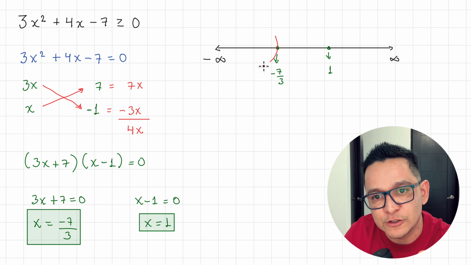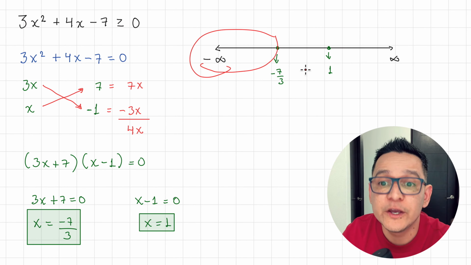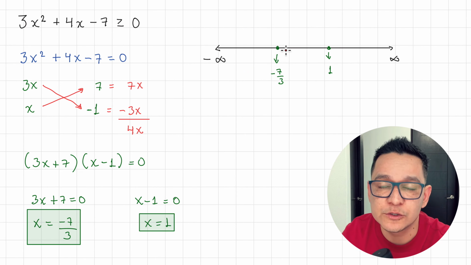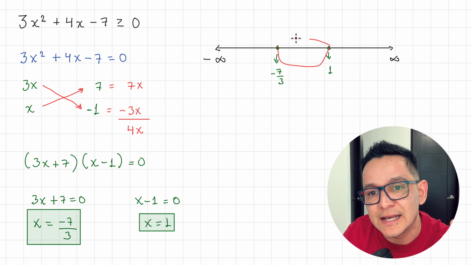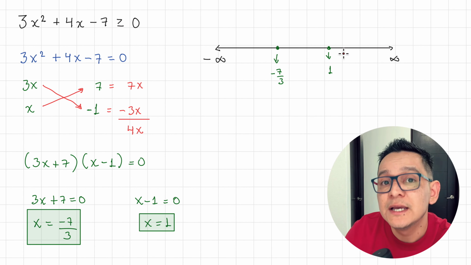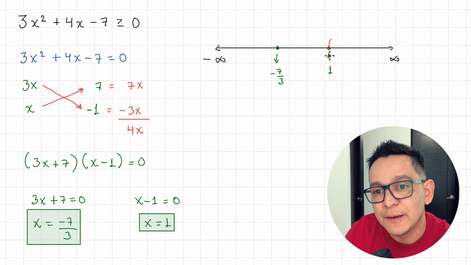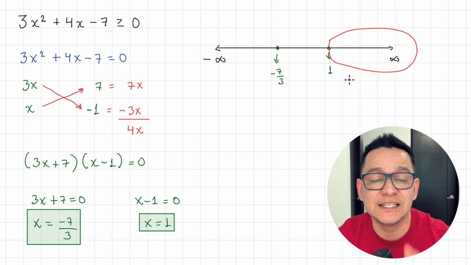That's my first interval. Then there's another interval that covers all the values from negative 7 over 3 up to 1. But then there's another interval that includes all the values that go from 1 to infinity. So as you can see, there are 3 intervals.